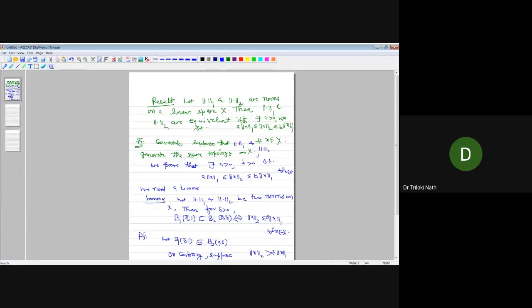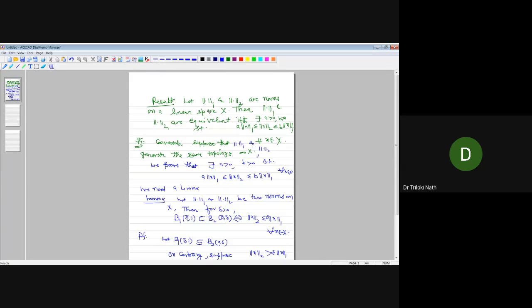The lemma says that whenever norm 1 and norm 2 are two norms on a linear space X, then for any positive delta, B1(0,1), that is, the open unit ball in norm 1, is contained in the open ball with radius delta centered at the same point, the origin.